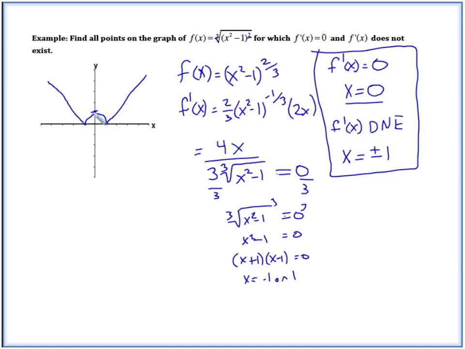And you can see that it flattens out right here. So the slope is 0. Now we can also see at negative 1 and positive 1 that we have a sharp turn in the graph. So those sharp turns in the graph indicate that our derivative does not exist.